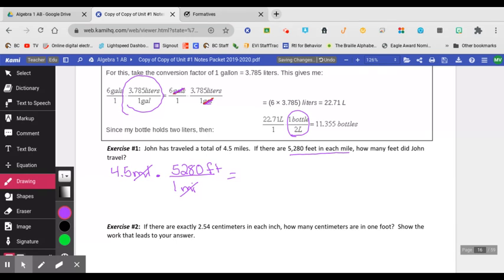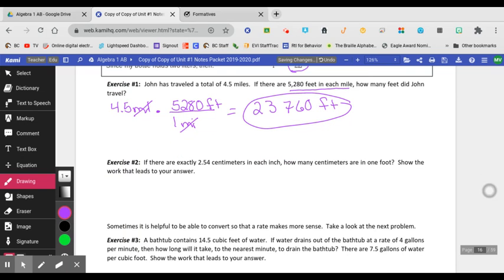So 4.5 times 5,280 is, I multiplied wrong on my calculator, sorry about that, is 23,760 feet. Okay, so you pause, try number 2, and come back.